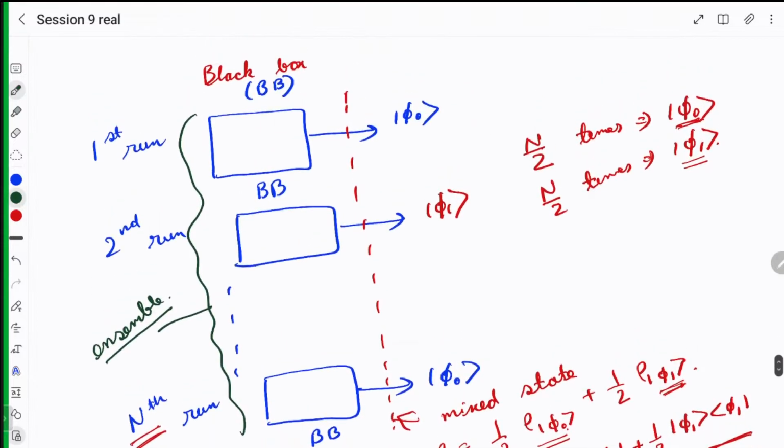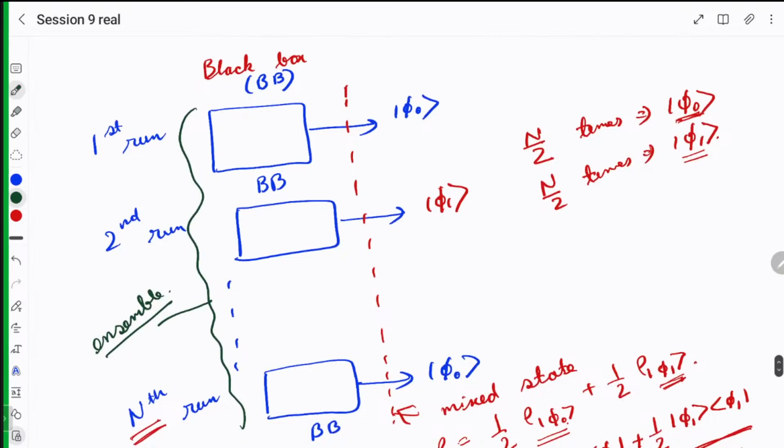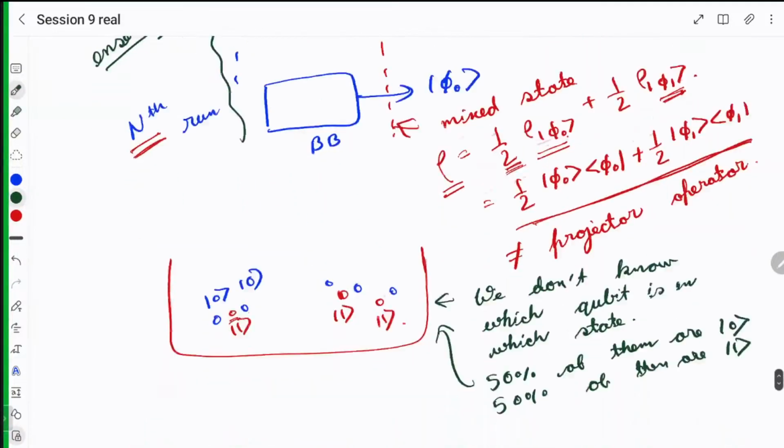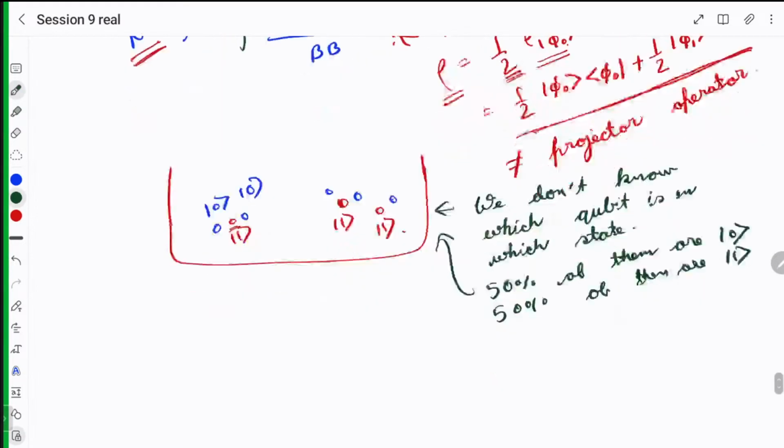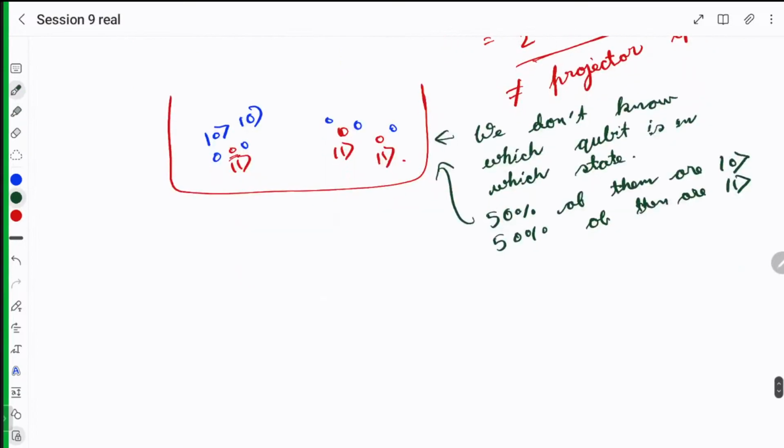In this black box also, if we took any run of the black box, the output could be either phi 0 or phi 1. Okay. And here also, if we choose any particular qubit from this ensemble of qubits, then it would be either Ket 0 or Ket 1 with 50-50 probability.